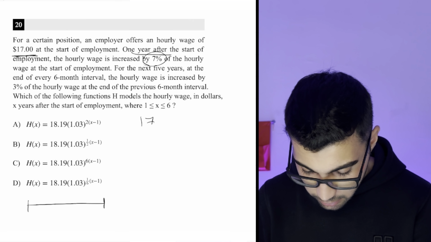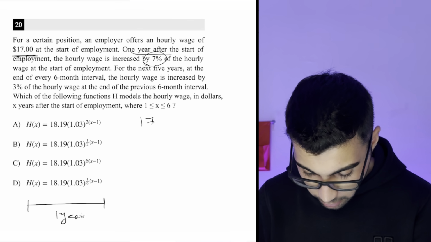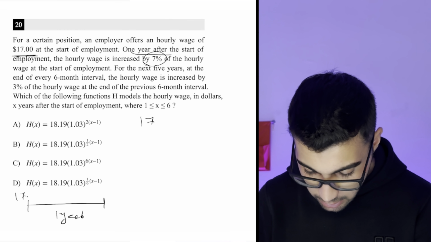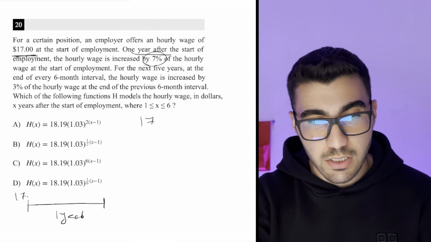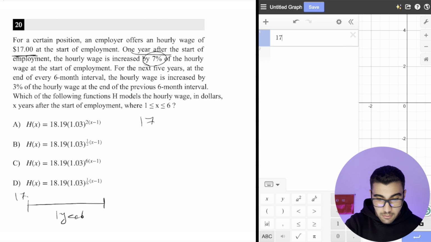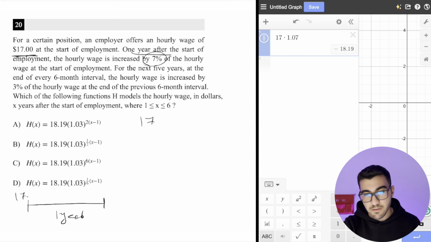After 1 year, we start from $17 and multiply by 1.07. I just increased by 7%. It's 18.19. So at the end of 1 year, my hourly wage is 18.19.